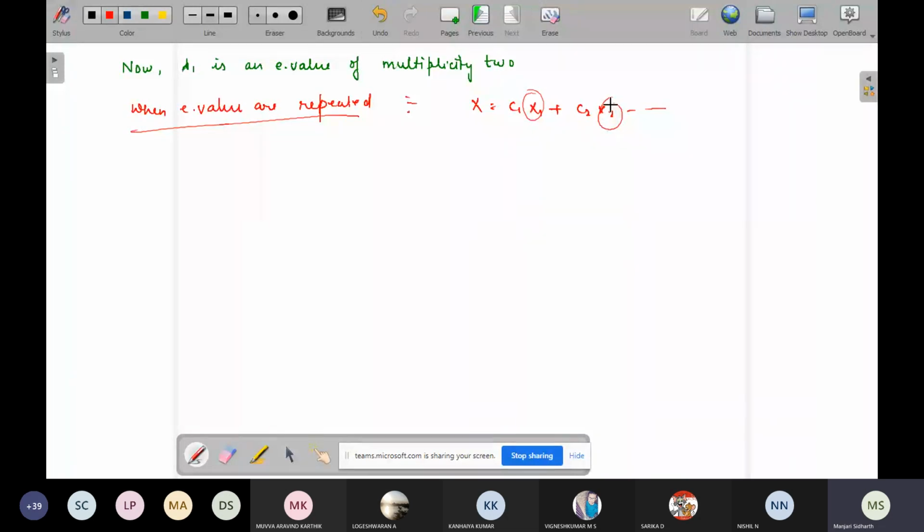But what if the multiplicity of the eigenvalue is 2 and you are getting only one eigenvector? Then how to find this x2? In detail we'll discuss that in the next class because it will take time.